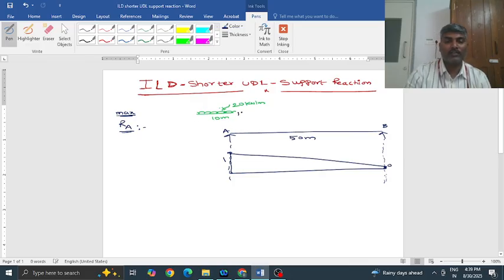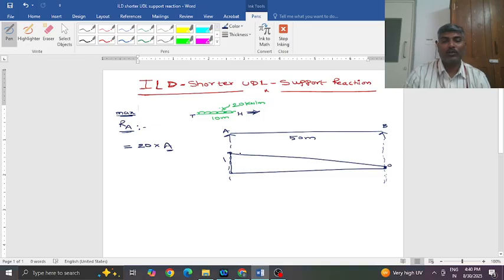Let us say this is the head and this is the tail of the UDL. For example, if it is traveling from left to right, how do you place this UDL to get maximum support reaction? The reaction value depends on the load value, that is 20, which is a fixed value, multiplied by the area of ILD occupied by the load.